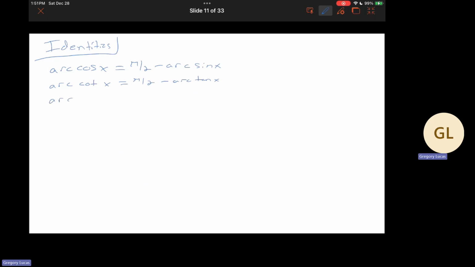And the arc cosecant of x is equal to pi over 2 minus arc secant of x. Okay. And of course, you can move these identities around. Arc cosine plus arc sine is always going to give you pi over 2. Arc cotan plus arc tan, always going to give you pi over 2. And so forth. However you want to move them around, you are able to use any of these.